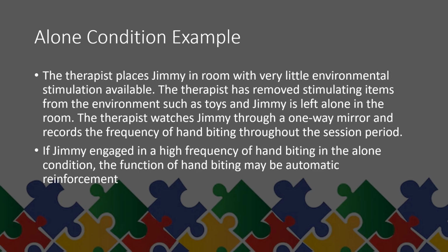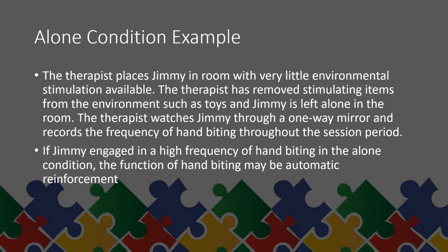In this example, the therapist places Jimmy in a room with very little environmental stimulation available. The therapist has removed stimulating items from the environment, such as toys, and Jimmy is left alone in the room. The therapist watches Jimmy through a one-way mirror and records the frequency of hand biting throughout the session period.